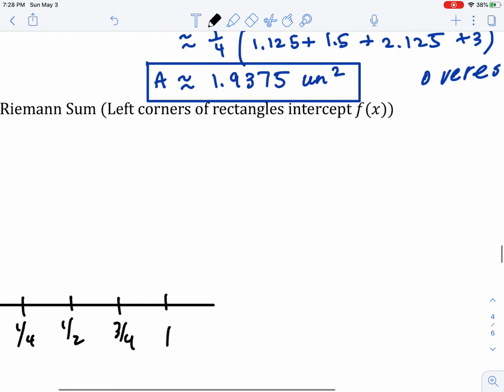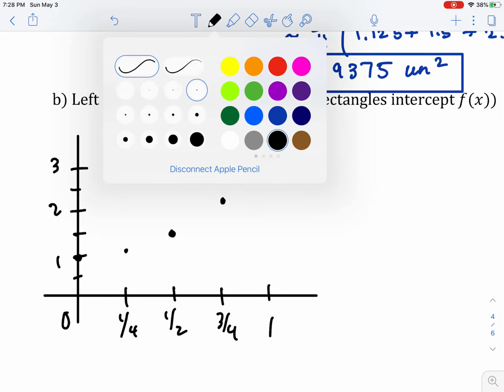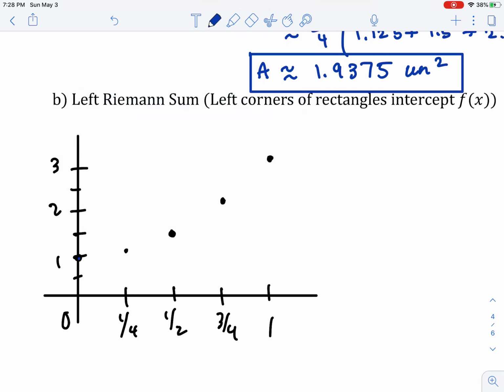When 0 gave me 1, 1/4 gave me, let me zoom in on this, 1/2 gave me 1.5. 3/4 gave me 2.125. 1 gave me 3. And again, I'm going to use a different color here.